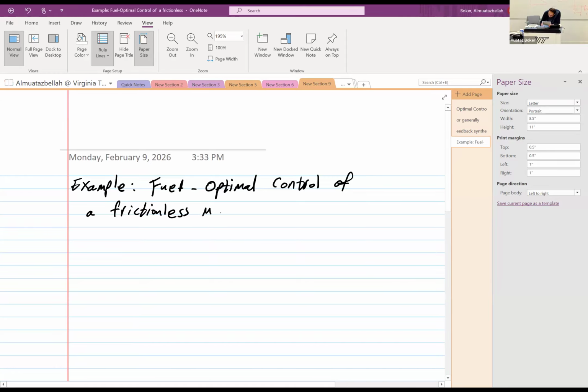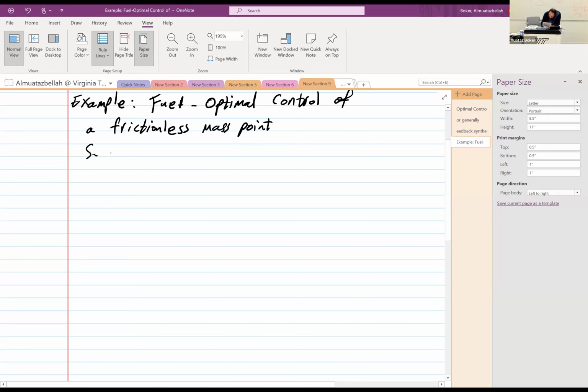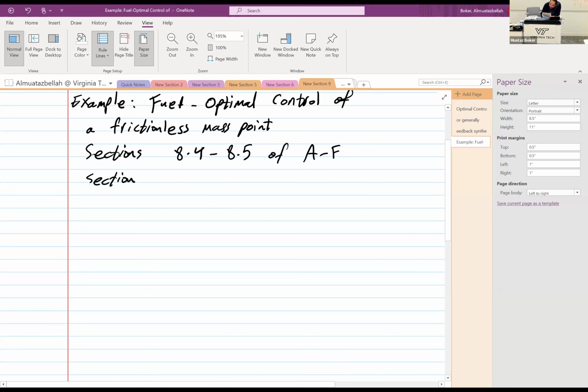You can find this stuff in sections 8.4 up to 8.5 of Athans and Falb. There is also, if you are interested, section 2.5 of the Geering textbook, which you find in the syllabus. Geering also talks about this problem.